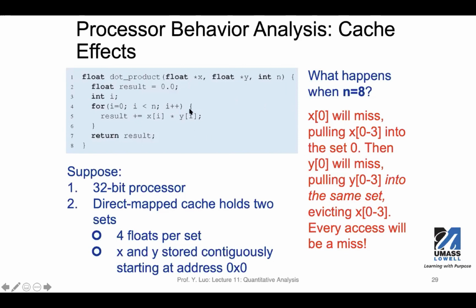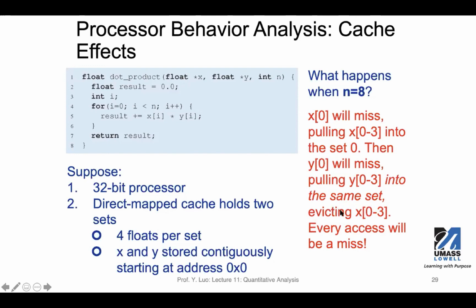But when you want to access Y0, it will access this location starting at 0 again. And guess what? Because X0, X1, X2, and X3 are in the cache, you can't find Y0. So Y0 will also cause a cache miss. It will pull Y0, Y1, Y2, Y3 into the same set, evicting those 4 floating point numbers from X.